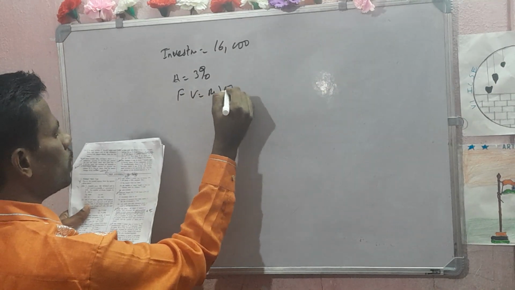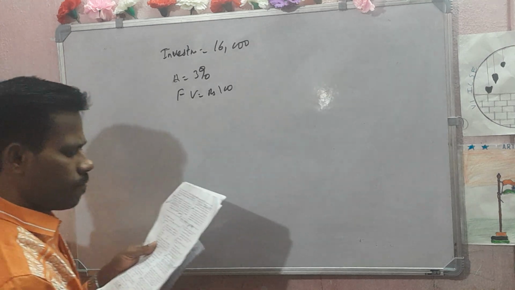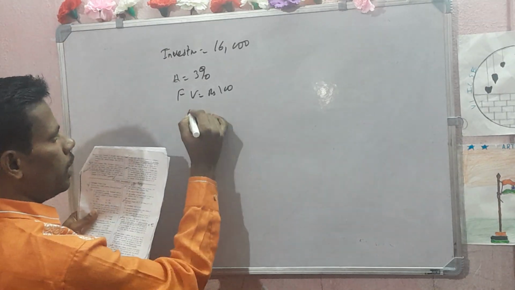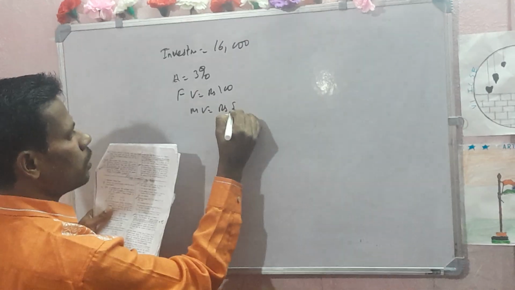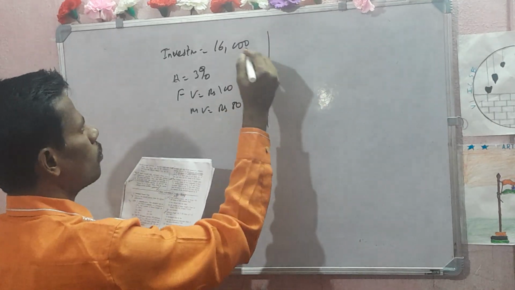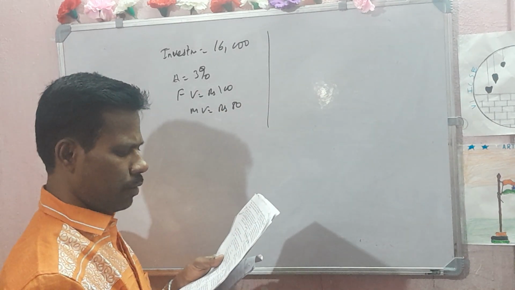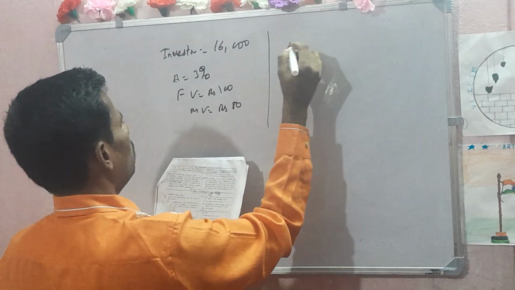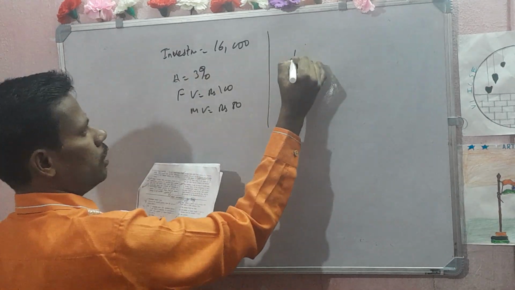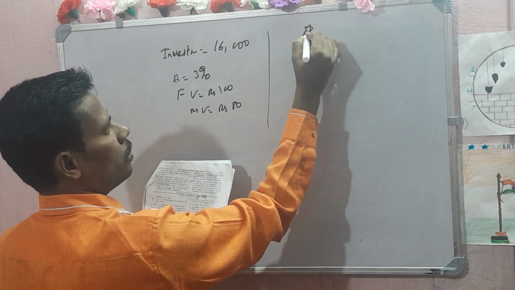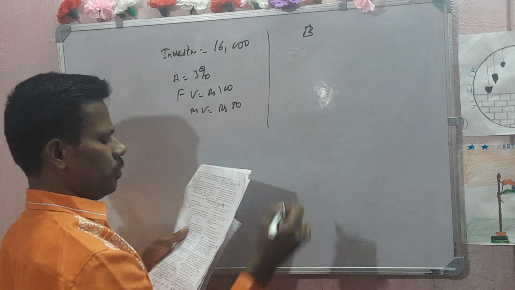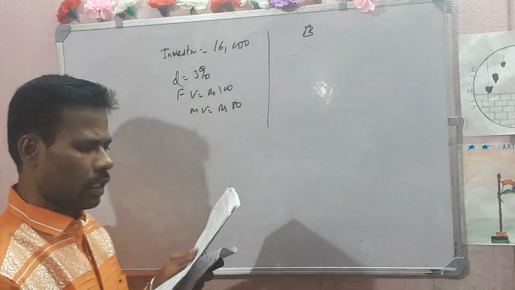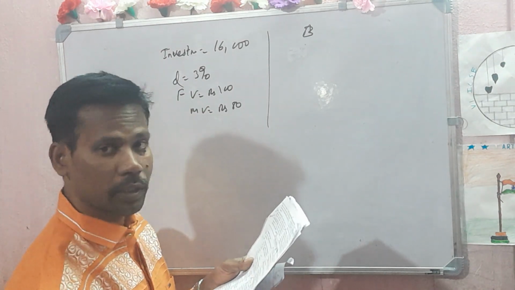Face value is rupees 100 at 80. At 80 means market value is rupees 80. This is the first part. Next one. B buys 10 rupees shares at par. This is A and this is B. You can write here B. This is dividend. And here B buys 10 rupees shares at par.